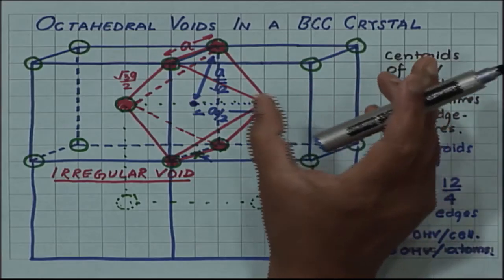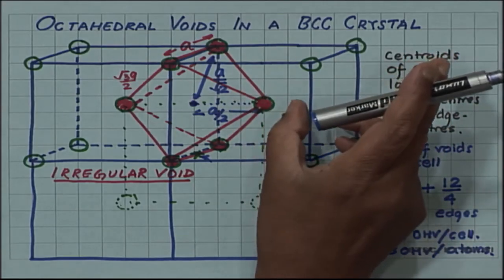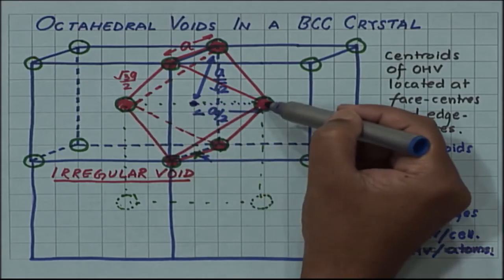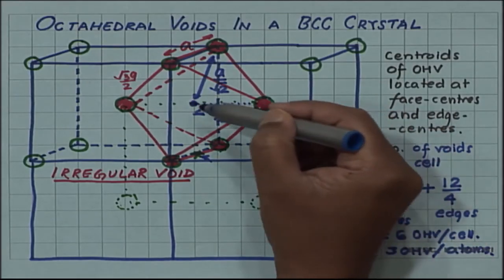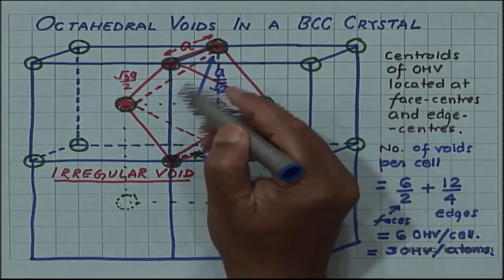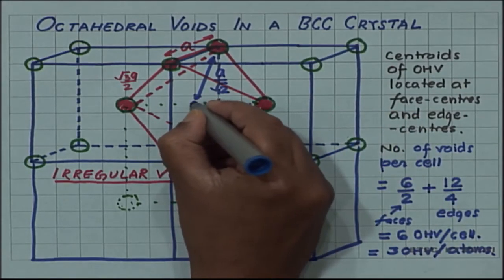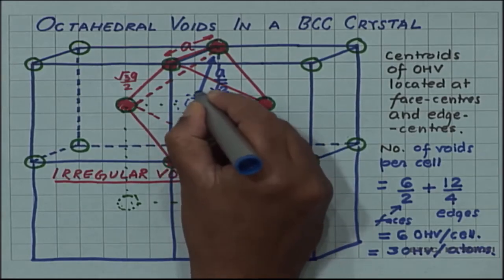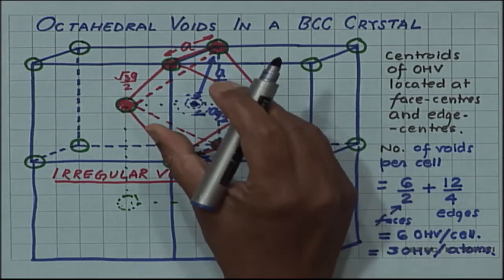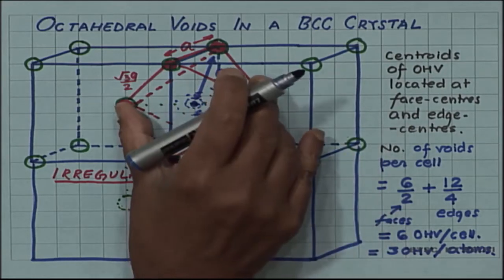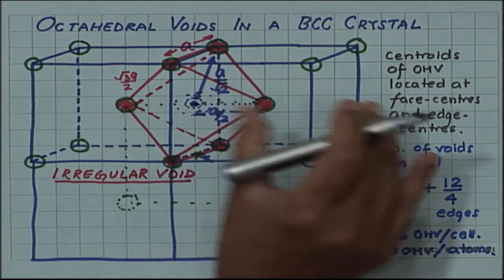So, obviously, the largest atom will be defined by those atoms which are nearby, that is at a distance a by 2 from the centroid, because if you think of a small atom here and then gradually growing, it will first touch the nearby atoms, and if it grows even further, then these nearby atoms will start getting disturbed.